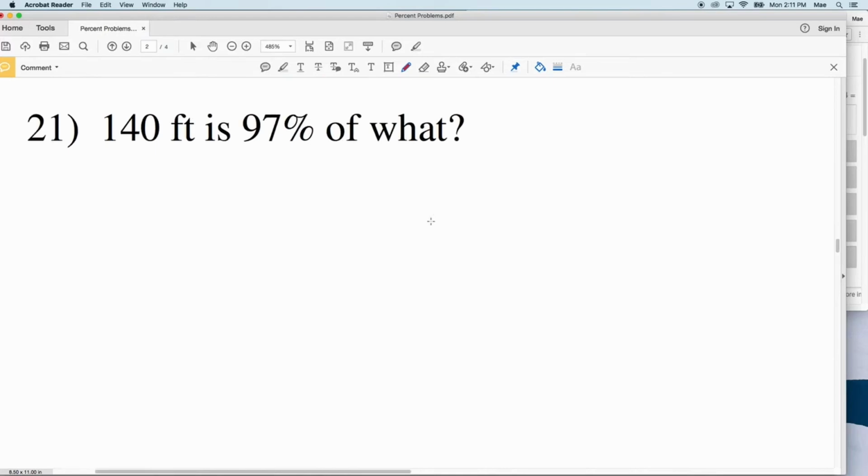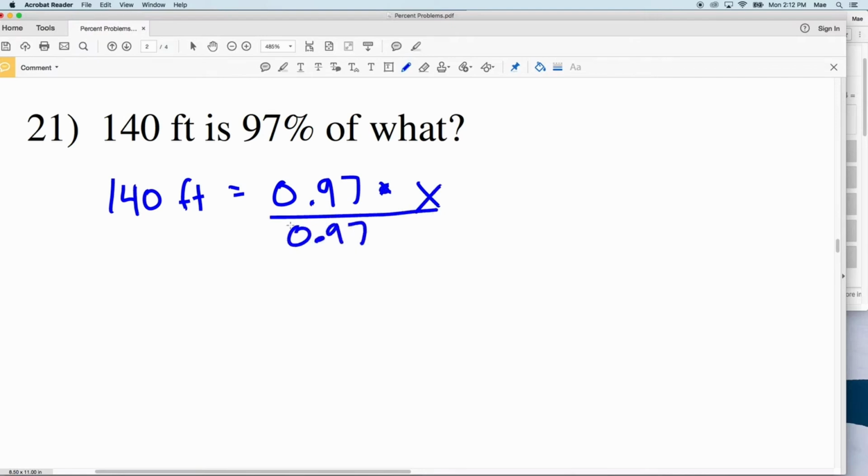Number 21, 140 feet is 97% of what number? So we have our 140 feet, and that's equal to 97%, so 0.97 when written as a decimal, of some number x. Divide both sides by 0.97.